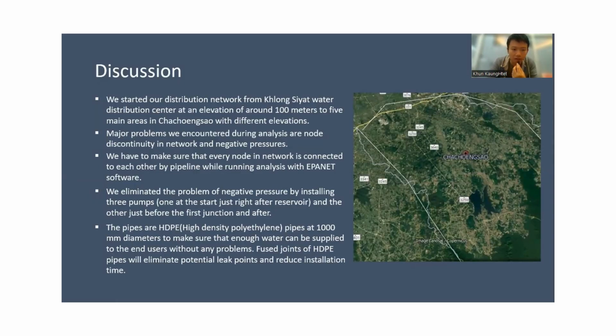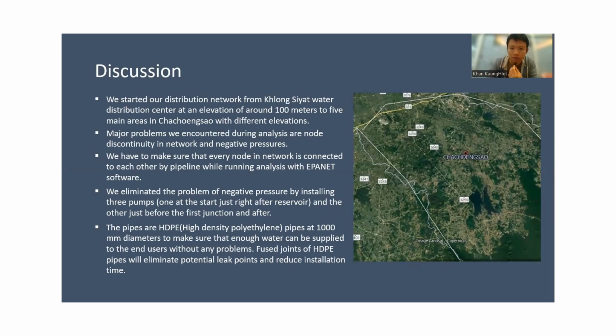So here is our discussion for our final project. We started our distribution network from the Klong Siet Reservoir Dam, which is in the eastern part of Cha Chong Song, at an elevation of over 100 meters, and we distribute the water from this reservoir to 5 different locations in Cha Chong Song, in the northern, western, and southern parts.